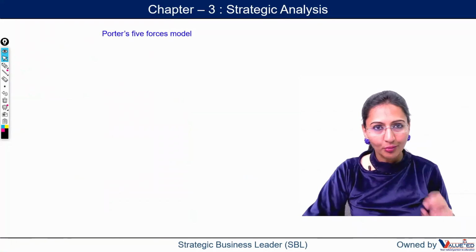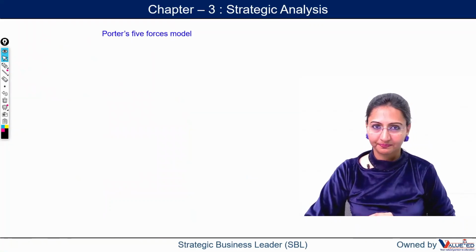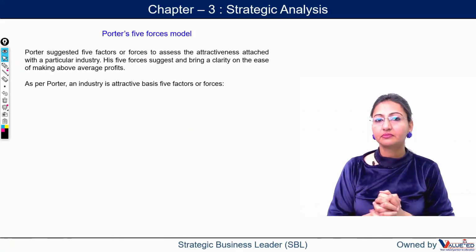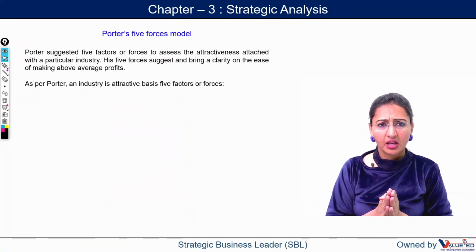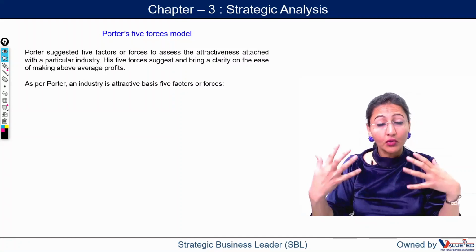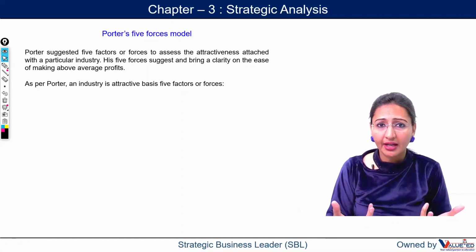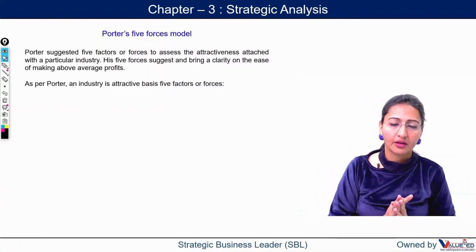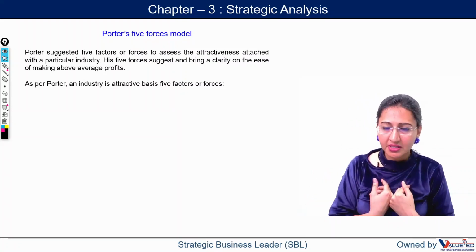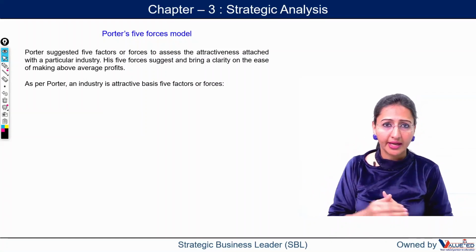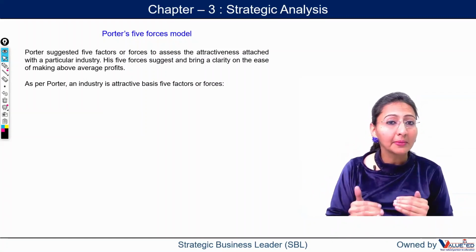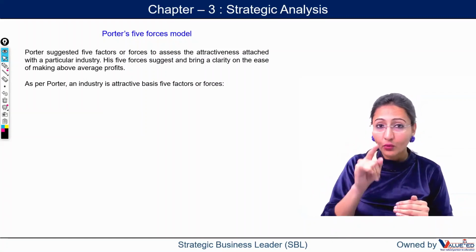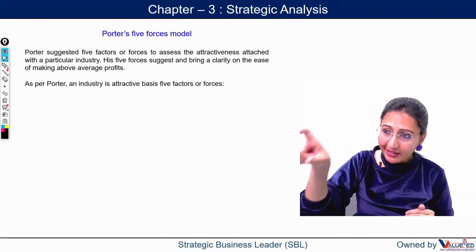Now let's come to Porter's 5 forces model. Porter suggested that there are 5 forces which give you an idea of how attractive a particular industry is going to be. If I want to start a business in a particular industry, Porter's 5 forces will tell me how attractive it is and what a wise decision I'm going to take by entering that industry.